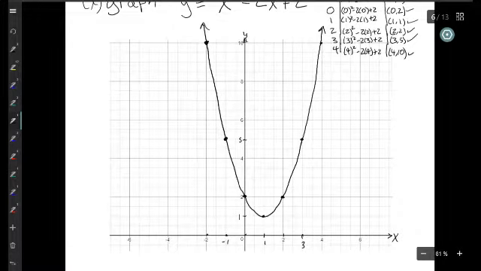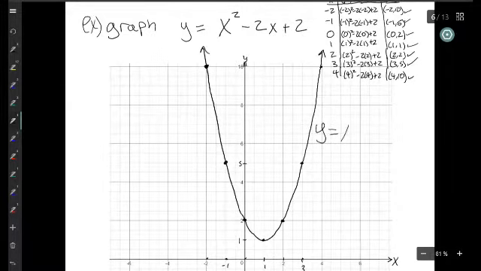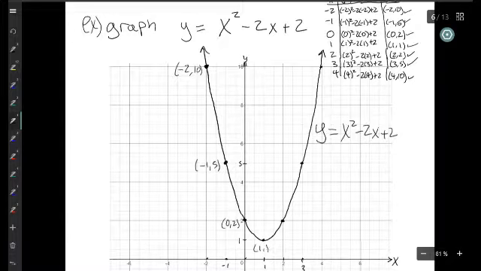Like so. And we can label it y equals x squared minus 2x plus 2. At this point, negative 2, 10, negative 1, 5, 0, 2, 1, 1, 2, 2, 3, 5.